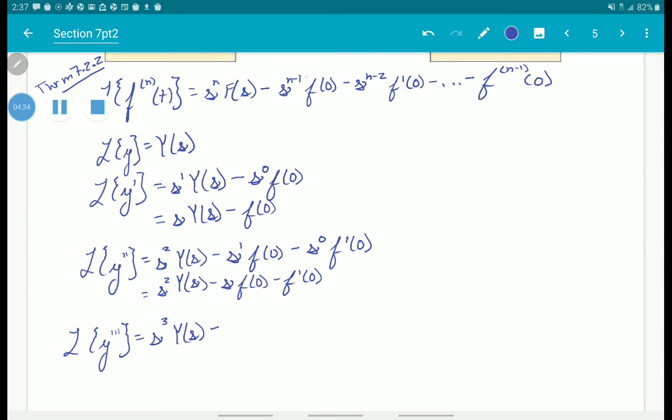And then s to the n minus 1, in this case, it would be s squared, f of 0. Then we're going to have s to the first, f prime of 0. So the next one, applying this information, would be f double prime of 0. It would be times s to the 0 here.